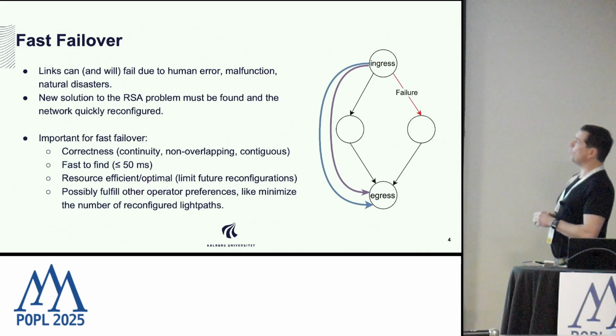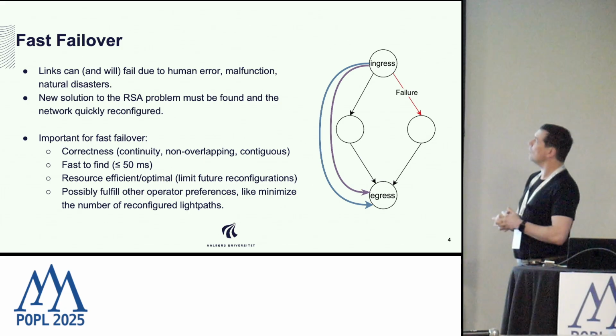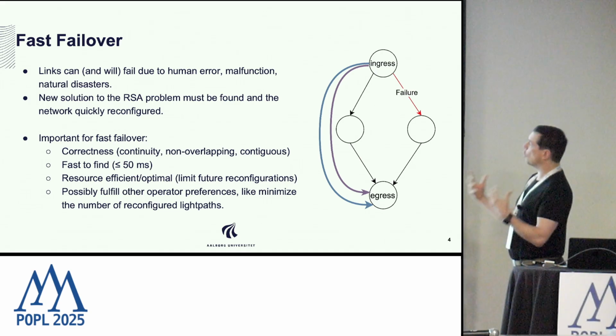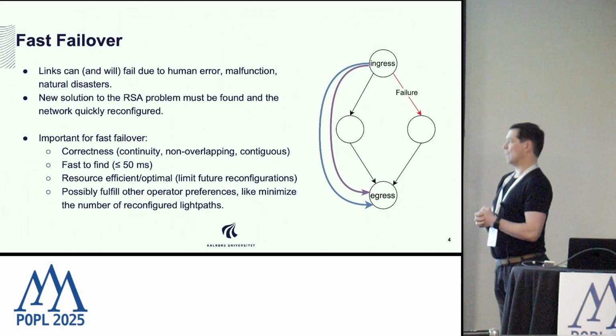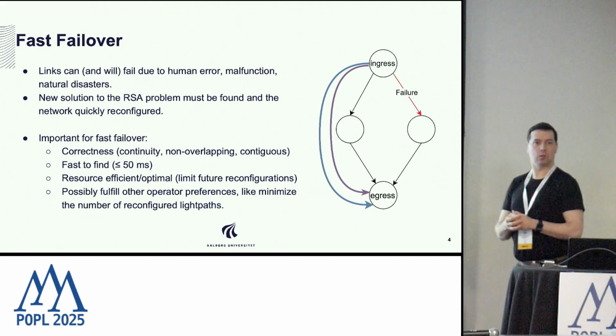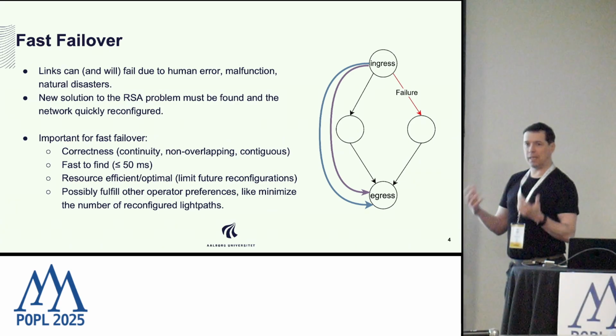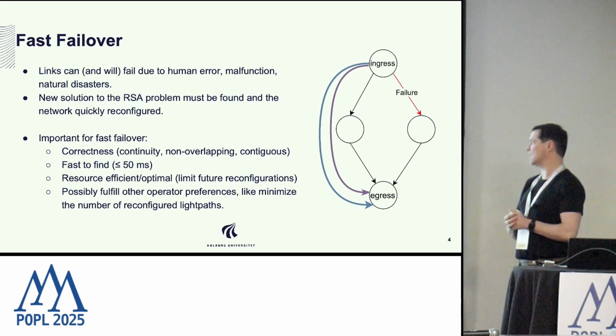And then we need to implement the fast failover. So links can and will fail due to different reasons. And we would like to quickly reconfigure the system. The important thing is, first of all, correctness. So we have to reconfigure it to satisfy all the three conditions. It has to be fast, less than 50 milliseconds.